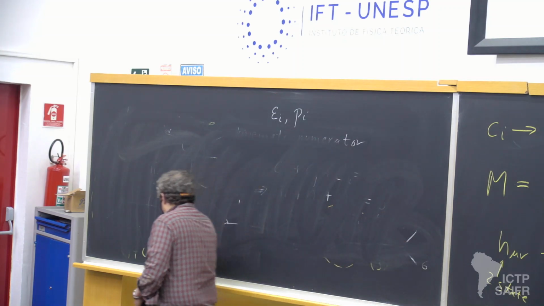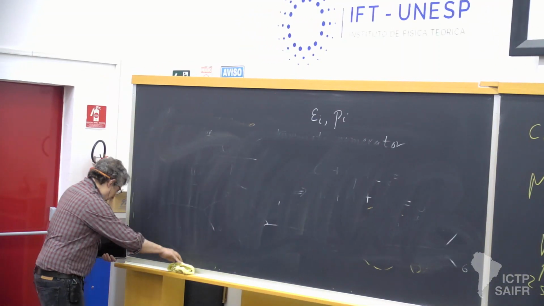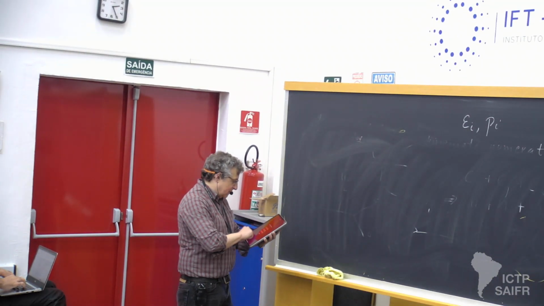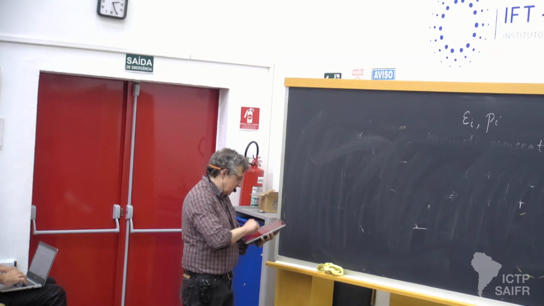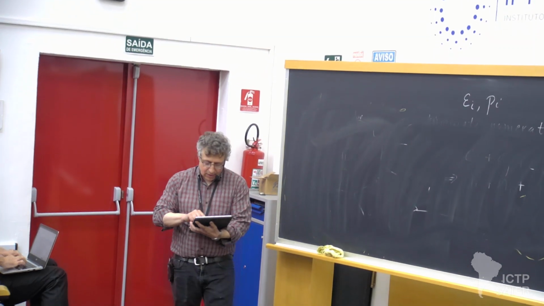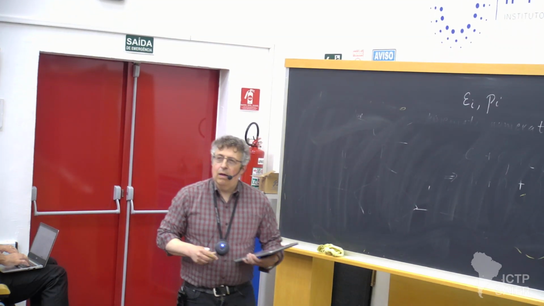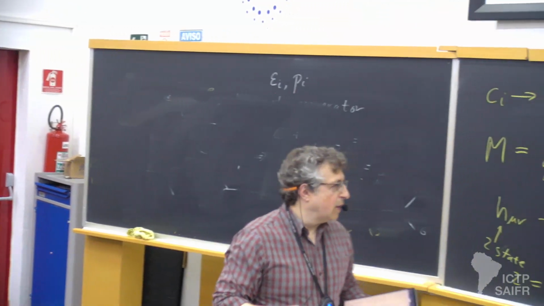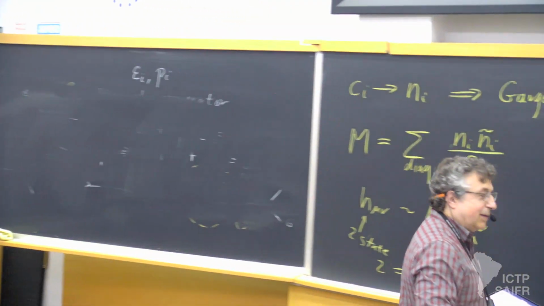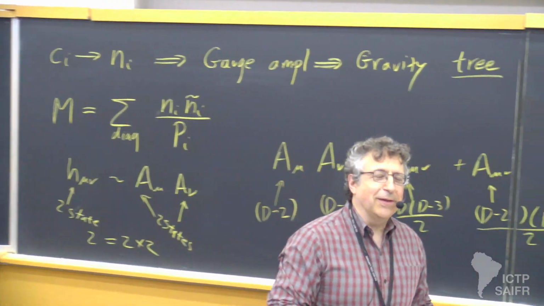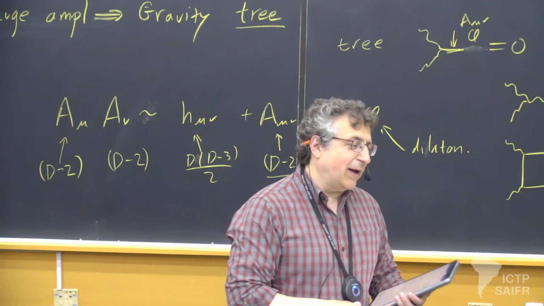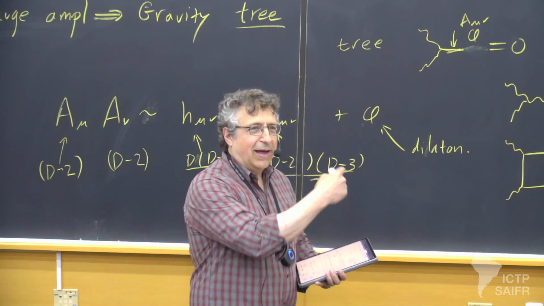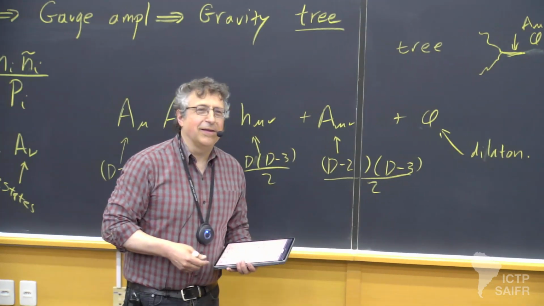Because it's actually kind of cute how it works out. So let's say instead of working, yes, it's definitely related to that fact that the bosonic string has these states in it.